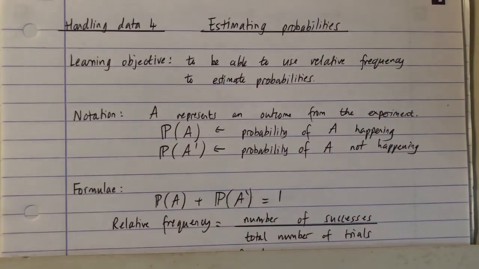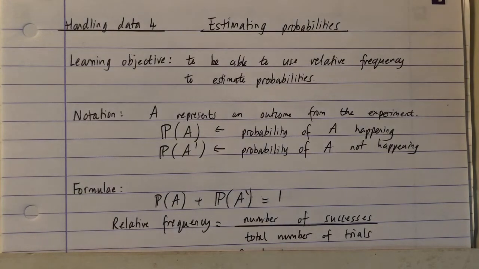So, okay, this fraction is the most useful thing today. It is going to be used to find the estimated probability of different events.